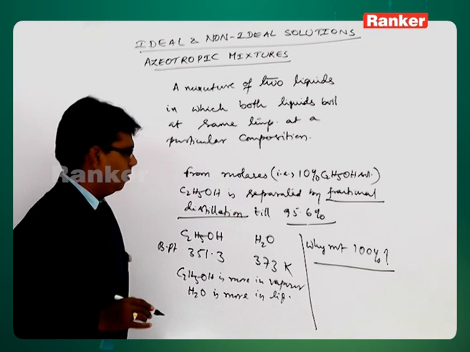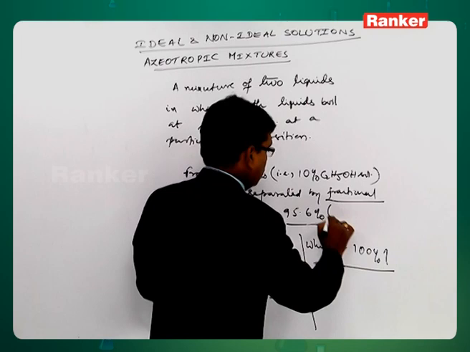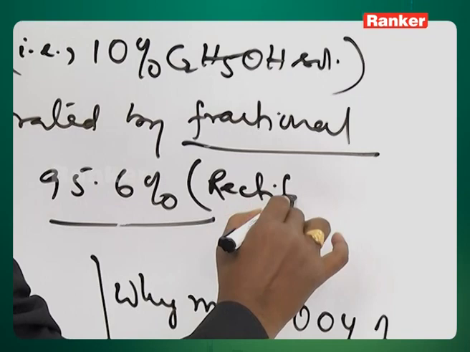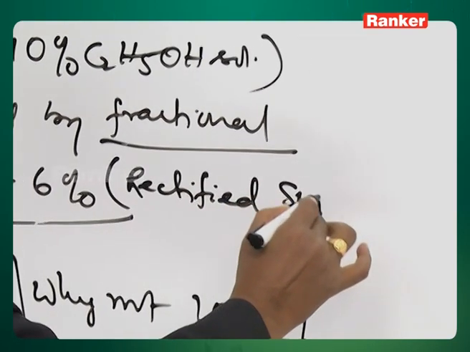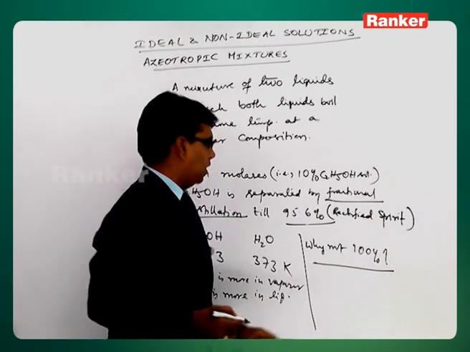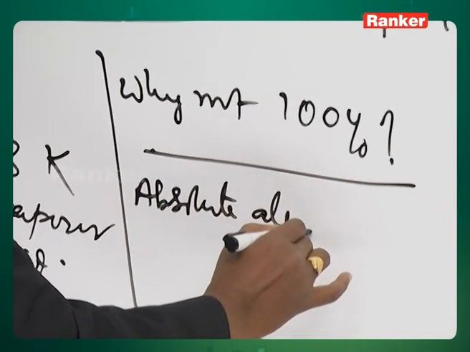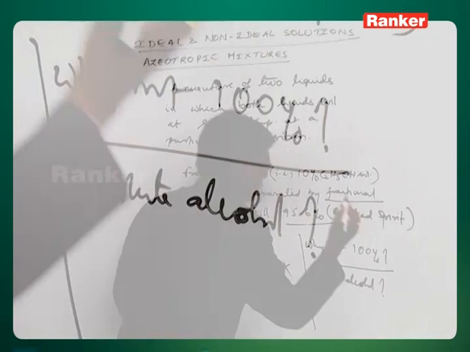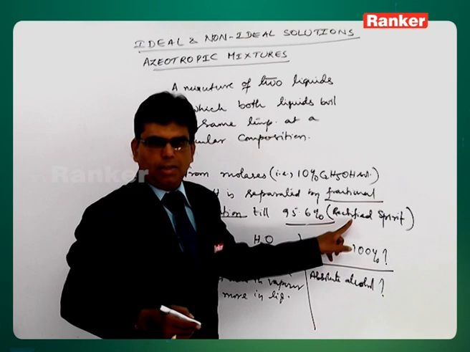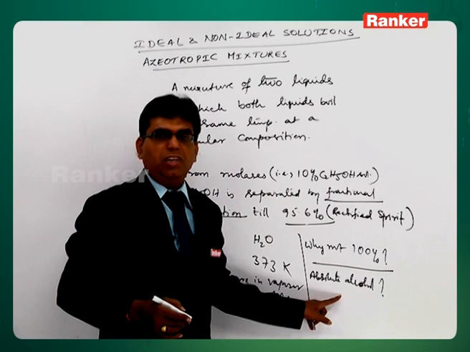What I mean to say is, 10% ethyl alcohol, when you can increase the concentration up to 95.6%, this is what we call rectified spirit. When you can get rectified spirit, why not absolute alcohol? Absolute alcohol means 100%. Rectified spirit you can get by fractional distillation, but you can't get absolute alcohol by fractional distillation.